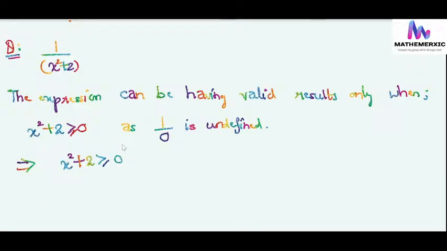So we have some condition with us, that is x square plus 2 is greater than or equal to 0. And after this we have to think all possible values of, what are the expression values we need here.